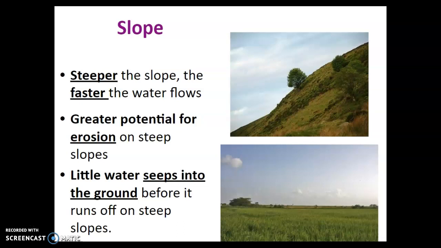Okay, so flat areas equals infiltration equals more groundwater. Highly sloped areas, like in the mountain areas, equals faster running water, which will lead to surface runoff, which will eventually accumulate into surface water.